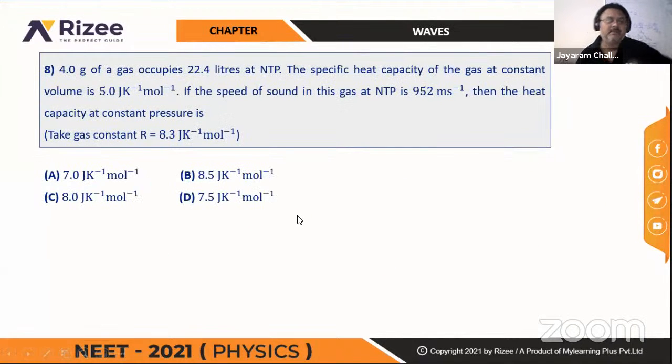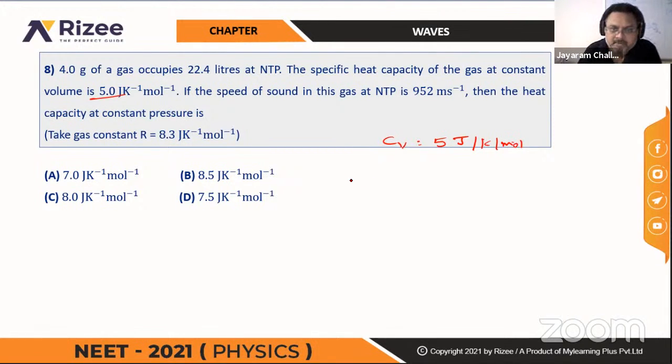If 4 grams of gas occupies 22.7 liters at NTP, the specific heat capacity of the gas at constant volume, that means Cv, he has given as 5 joule per Kelvin per mole. He has given the speed of the sound also.